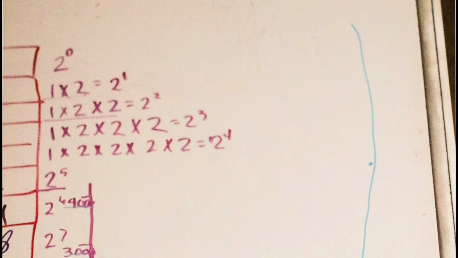concepts and notations. For instance, when we're looking at exponents, we get tired of writing times 2 times 2 times 2 times 2 times 2, and so instead of writing times 2, we do a little notation. We say 2 is our base, and this superscript up here to the right of the 2 is going to tell us how many times we're multiplying our base.